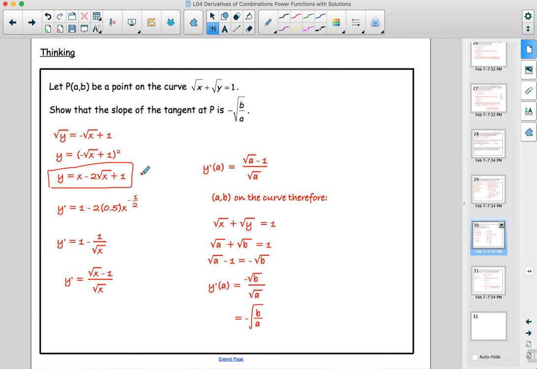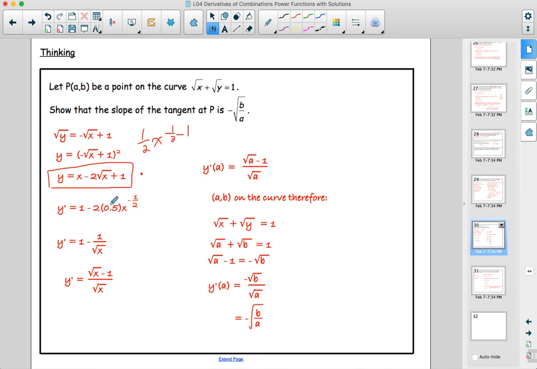There we are. So isolated for y, I get this particular function. I can now take the derivative of this. So y prime, the derivative of x is 1, minus 2 root x. Remember root x is x to the 1/2, so it would be minus 2 times 1/2, which I chose to write as 0.5, times x to the 1/2 minus 1. 1/2 minus 1 is negative 1/2.